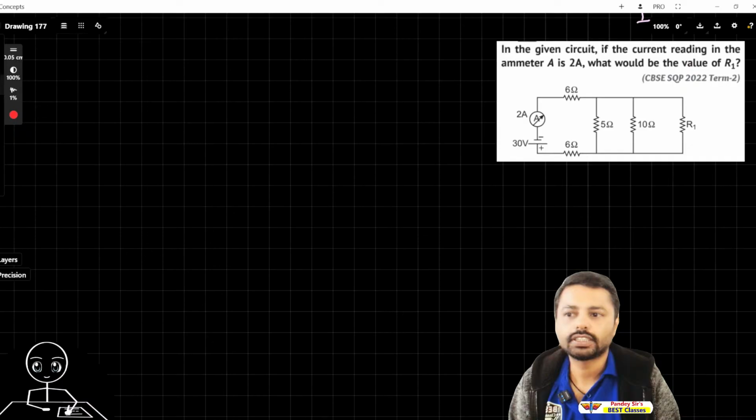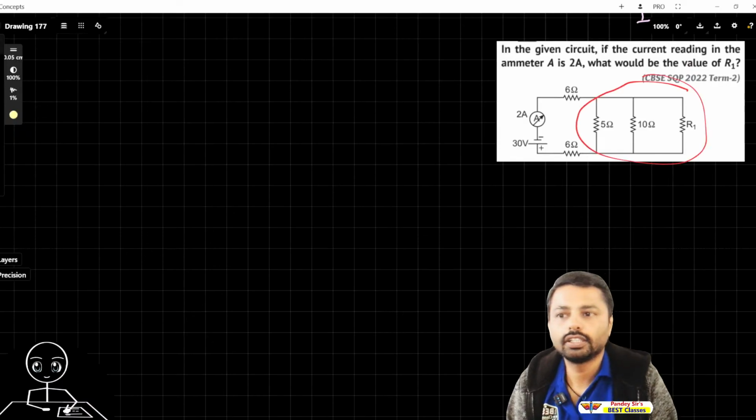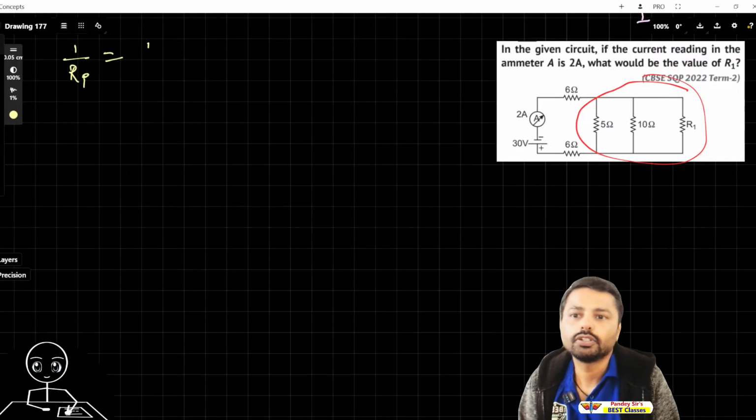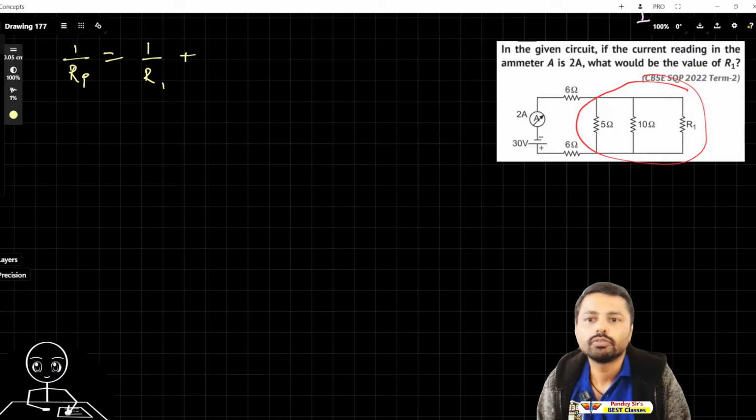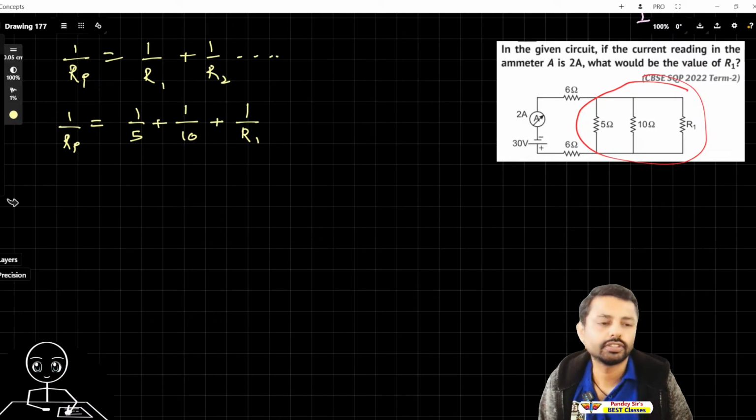So first I'll start with this part to find the parallel one. And the earlier formula, what was that? 1 by R parallel equal to 1 by R1 plus 1 by R2 and so on. So 1 by Rp will be equal to, let's say, 1 by 5 plus 1 by 10 and 1 by R1 itself, because we don't have that value.